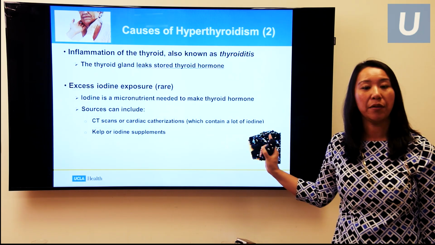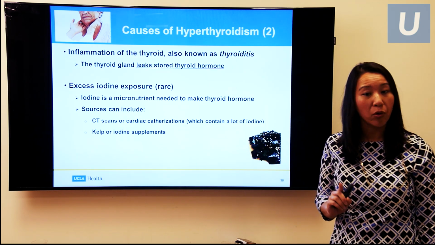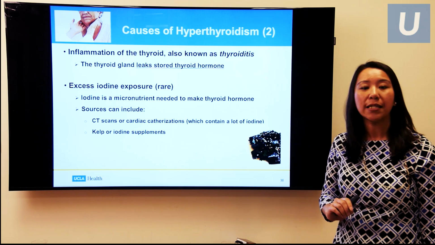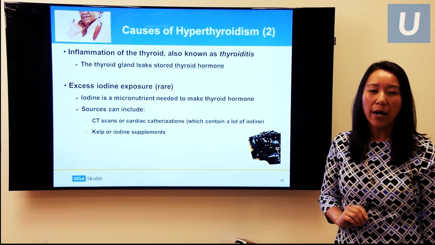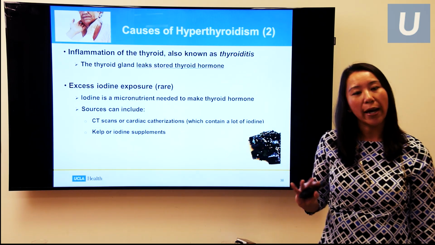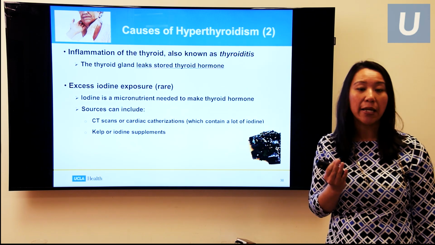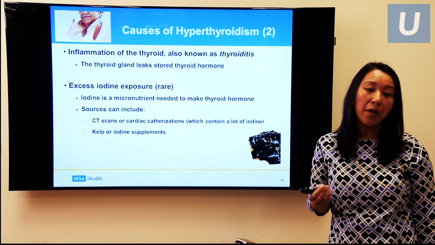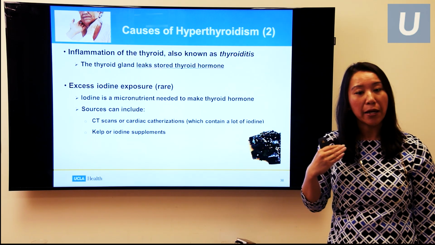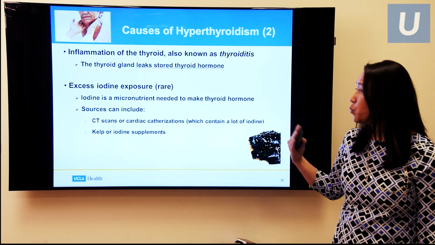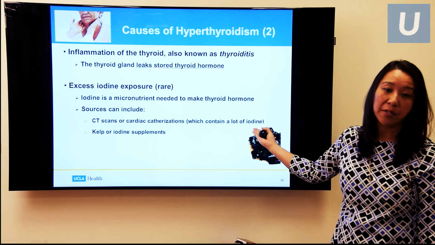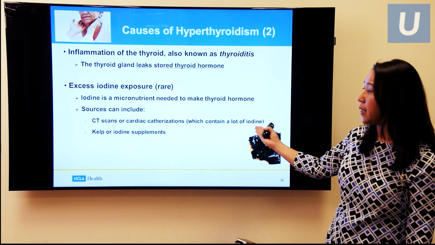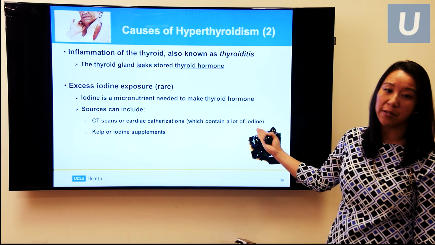Now, these causes of hyperthyroidism are a little bit more rare, but they're actually not uncommonly seen. And one of them is excess iodine exposure. We didn't talk a little bit about what iodine does, but it essentially is a substrate. It's required for making thyroid hormone in the body. Primarily, the source of iodine is through the diet, but sometimes we're exposed through other things in medicine that contain a lot of iodine, things like iodinated CAT scans or cardiac catheterizations.